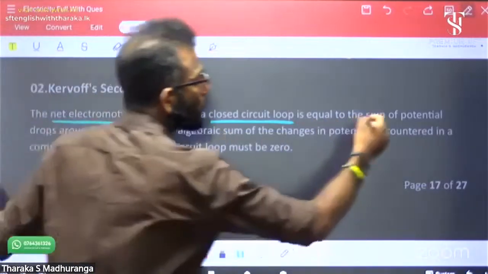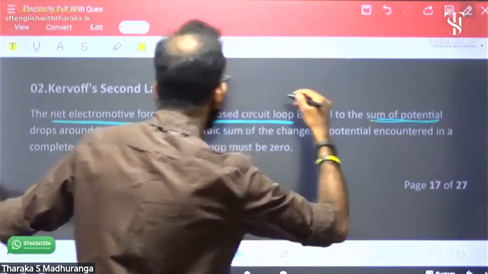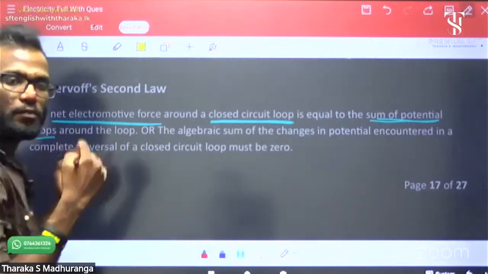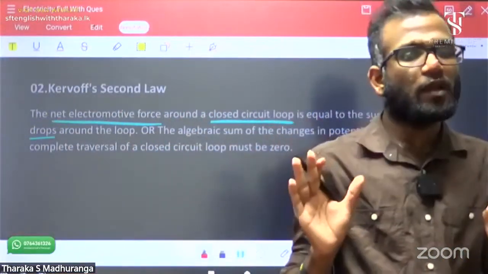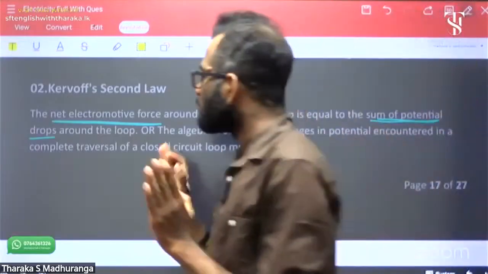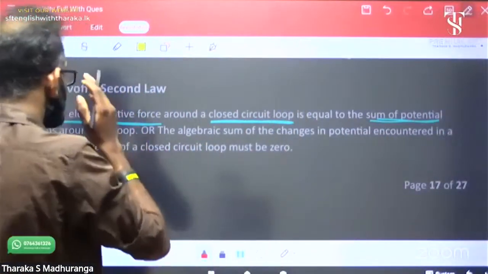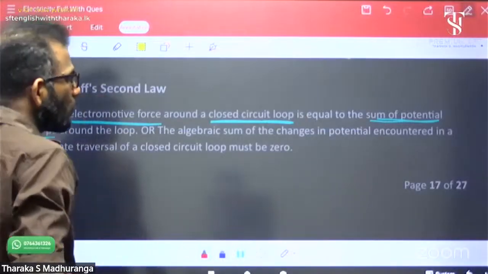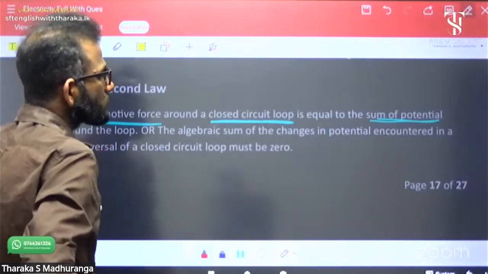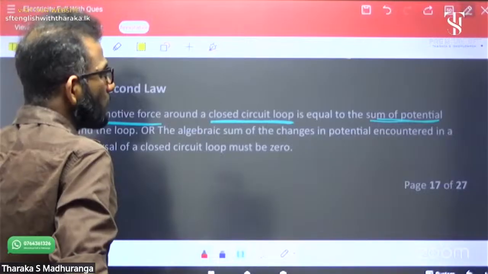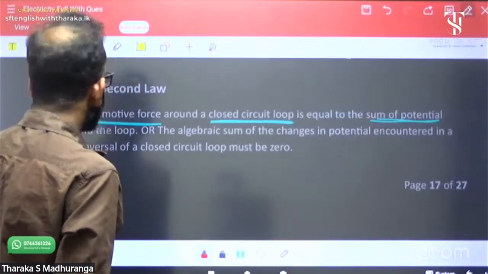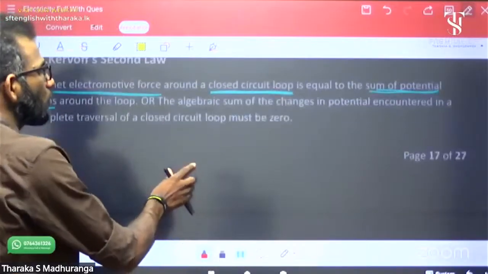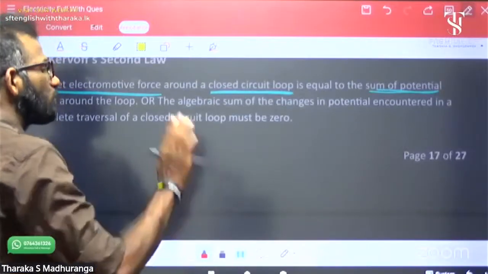Sum of potential drops. Sum of potential drops means IR multiplications. Or the sum of the changes in potential encountered in the complete travel of the closed circuit loop must be zero.